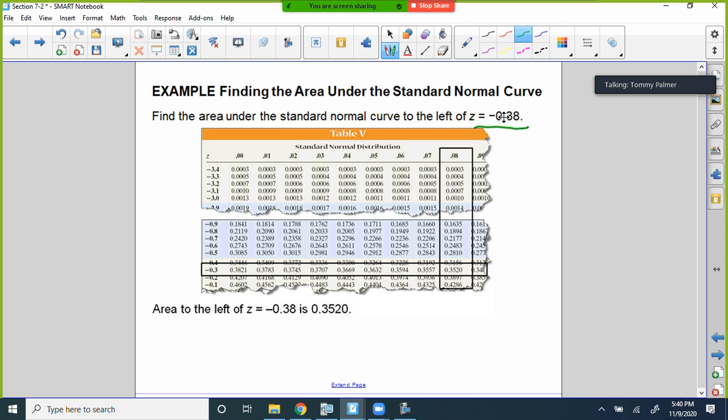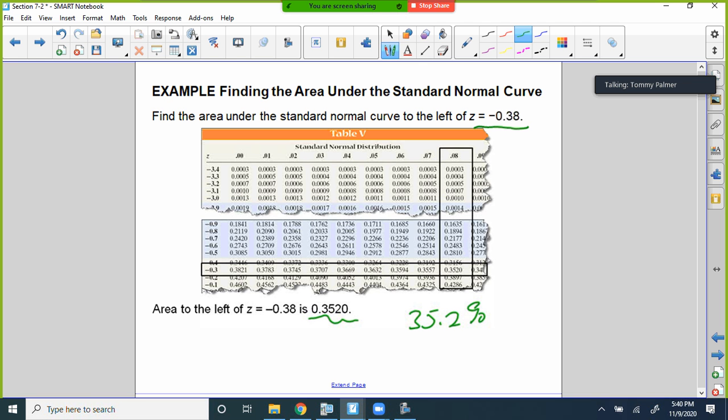So we need negative 0.3, and then the hundredths place is the 8. So that's going to be 0.352, right? Which is 35.2% probability of whatever that z-score is relative to happening. All right.